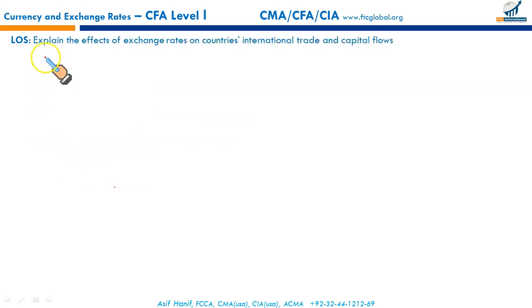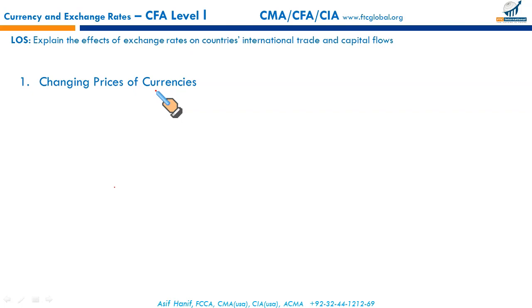Your next LOS is explain the effects of exchange rates on countries' international trade and capital flows. First, changing prices of currencies. Well, foreign currencies change in value due to domestic economic trends. So these price changes impact supply and demand of currencies between currencies.